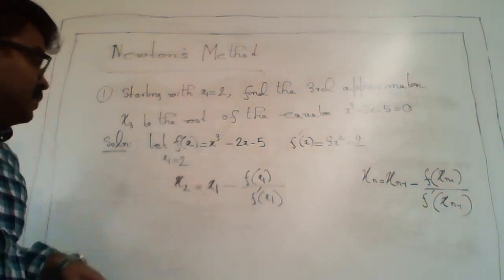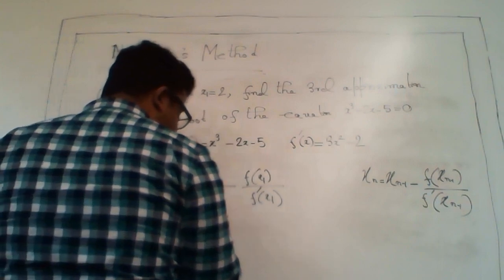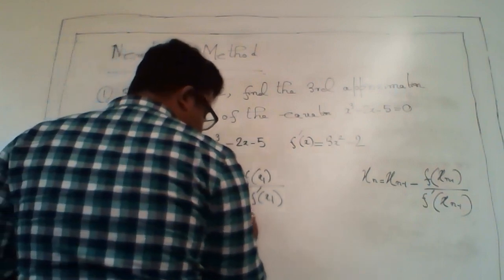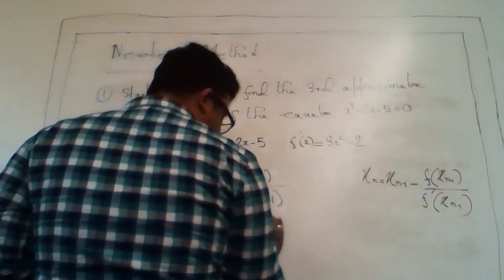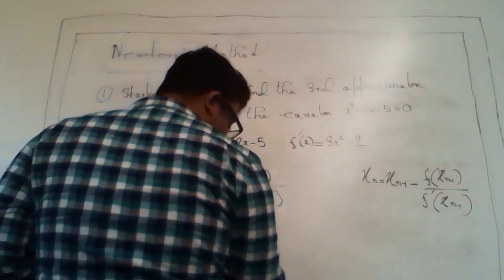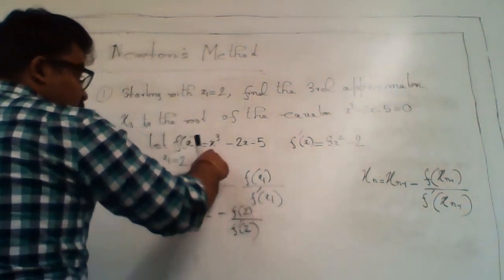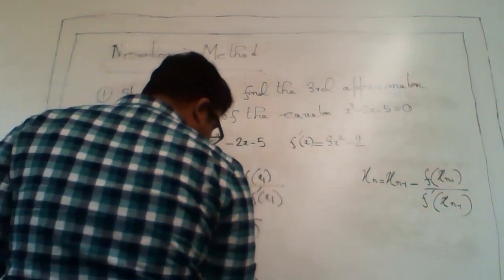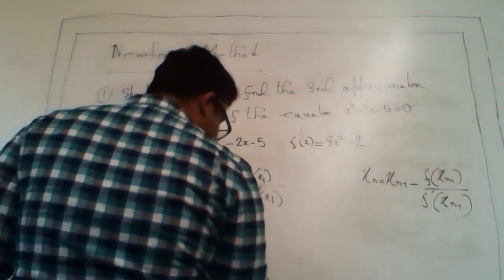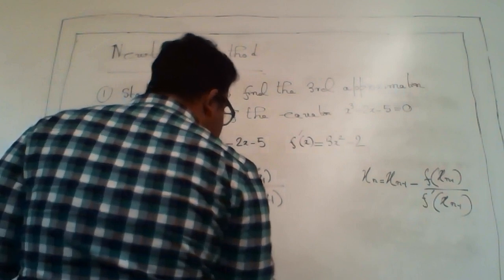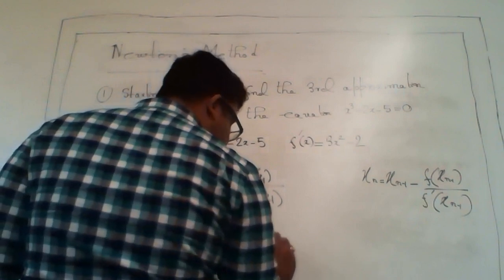So let's now put everything inside. So x1 is given, x1 is 2. So f of 2 divided by f prime 2. Okay. So f of 2, you have to put this 2 in this equation. You get 2 minus 2 cubed minus 2 times 2 minus 5.